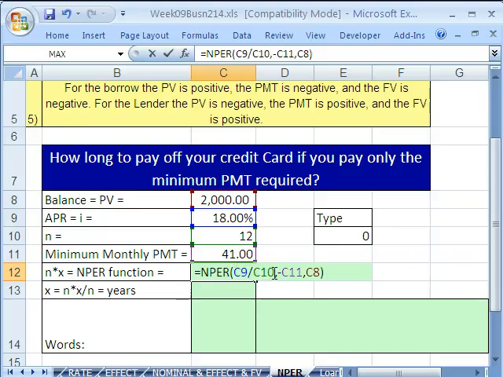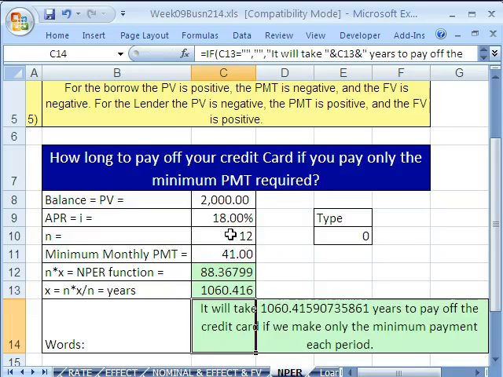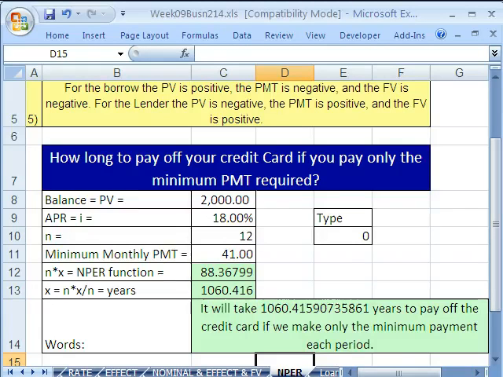Now, take notice here. Rate and PMT are both in month periods. The time period is months. So when you hit Enter, the NPER function is going to spit out months. So to go to years, we say equals that total number of periods times the 12. And that's how many years.